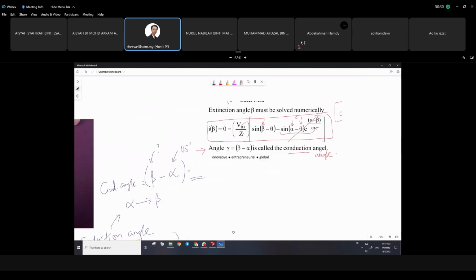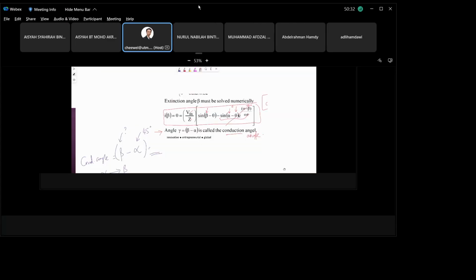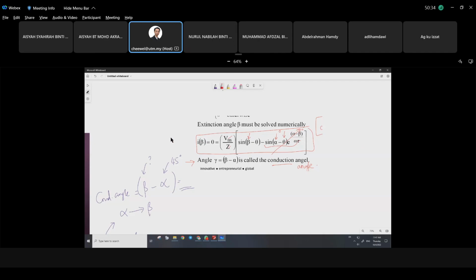Then we look at this equation. Are you guys listening to me? Can you hear me? So just now we said that sine alpha minus theta, the whole term becomes 0. So I for beta equals 0 becomes Vm over Z in the bracket sine beta minus theta. The whole term becomes 0. So what is left here?